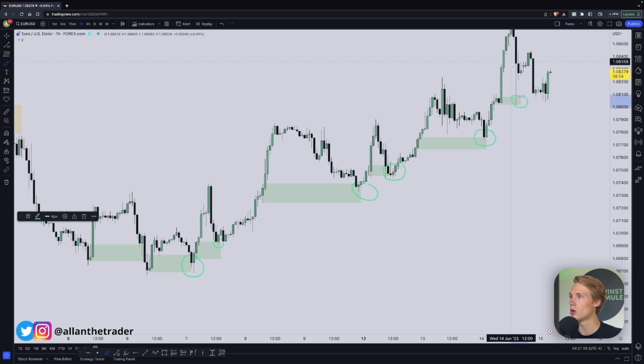And you can see this as well, this huge wick filling this demand zone and then going up again. And you can obviously also use the structure for this to see if the price is creating higher highs and higher lows. But this is a really important thing as well, seeing if it's in bullish or bearish order flow, seeing if the demand or the supply is being respected.